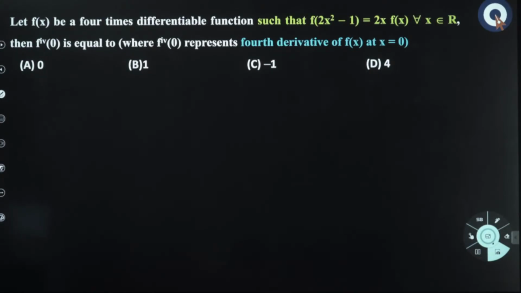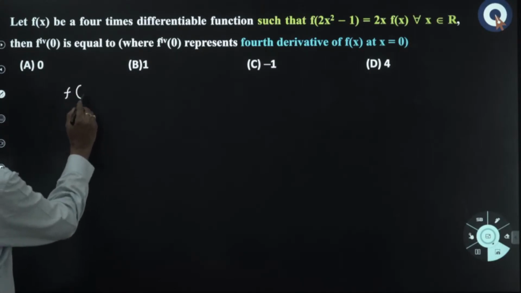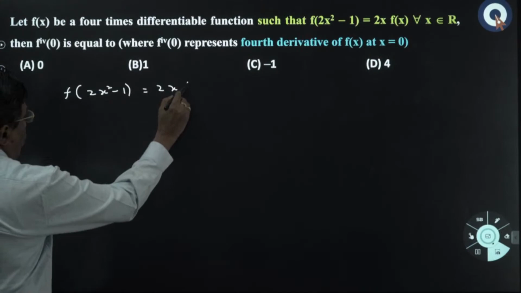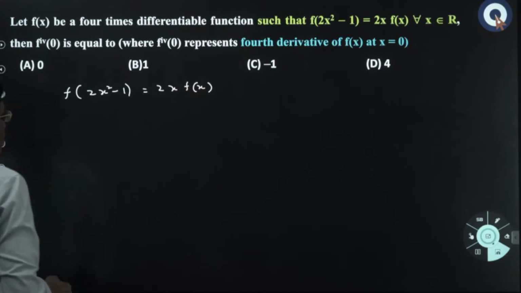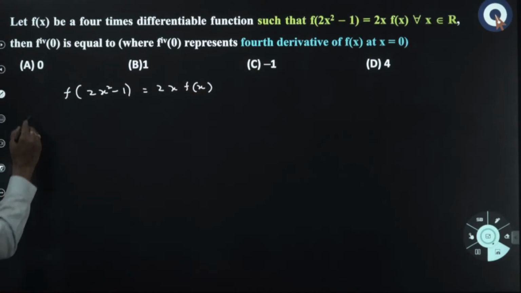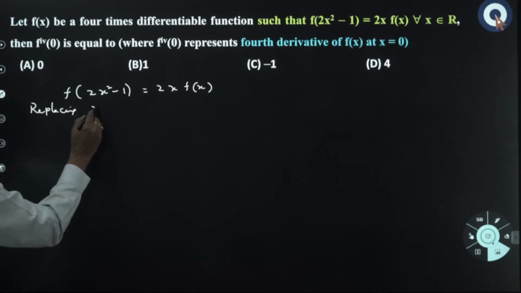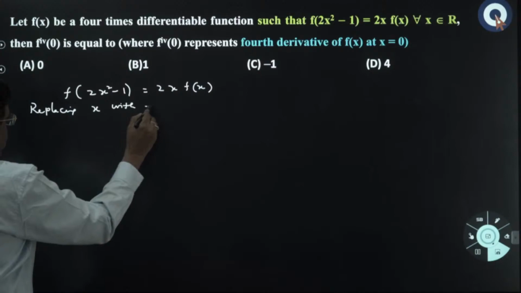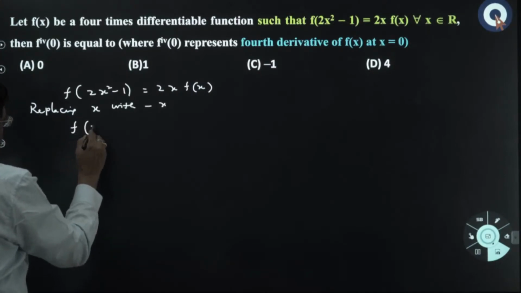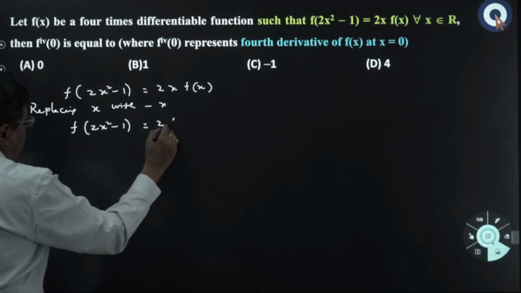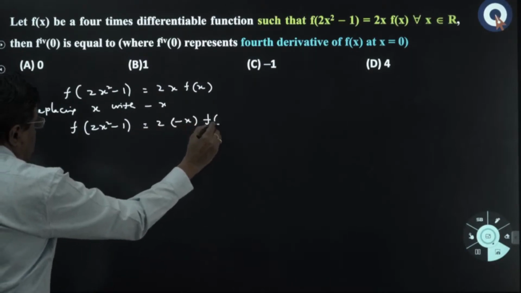So, here what is given? f of 2x square minus 1 is equal to 2x into f of x. Replacing x with minus x, what you get is f of 2x square minus 1 is equal to 2 into minus x into f of minus x.